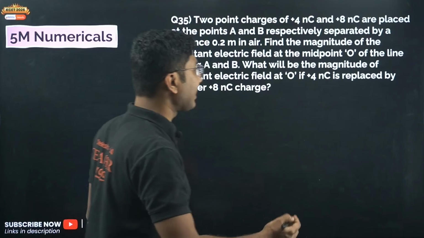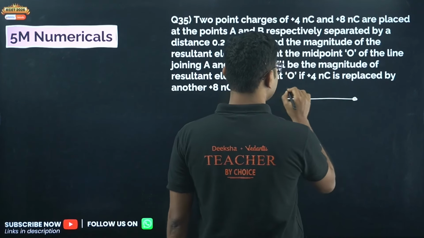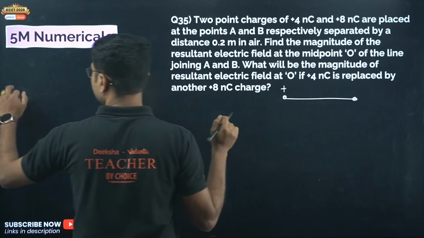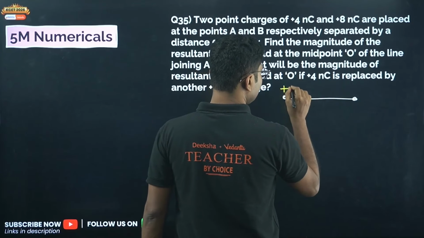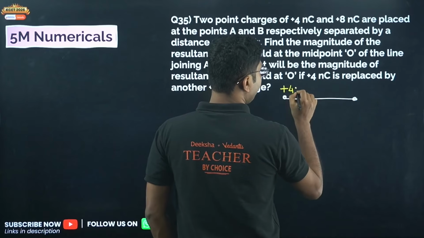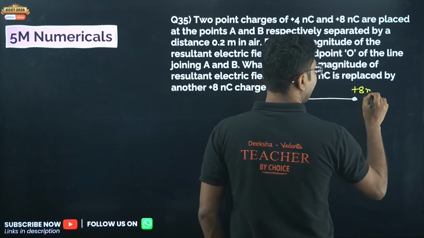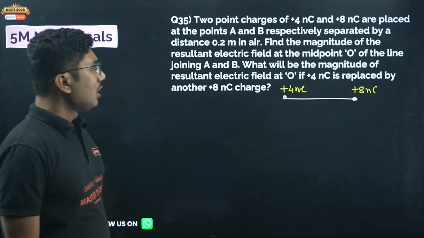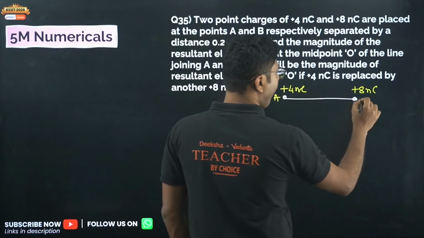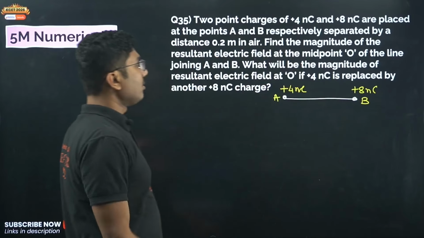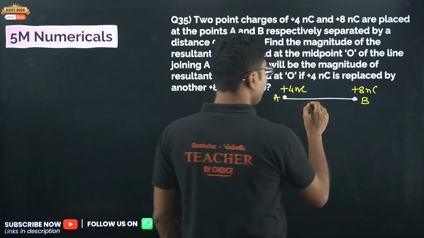First, let us draw the diagram. So here we have two charges. One is plus 4 nanocoulomb, and this one is plus 8 nanocoulomb, at points A and B, separated by a distance of 0.2 meter.